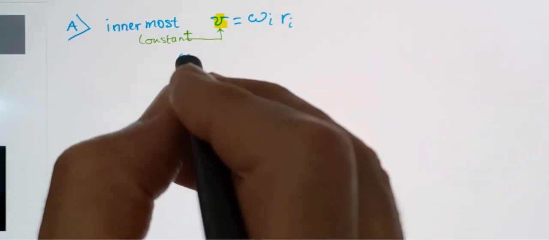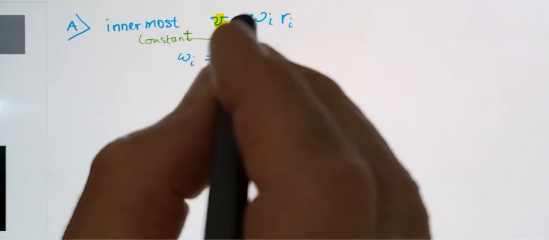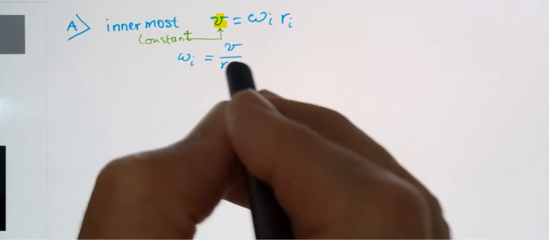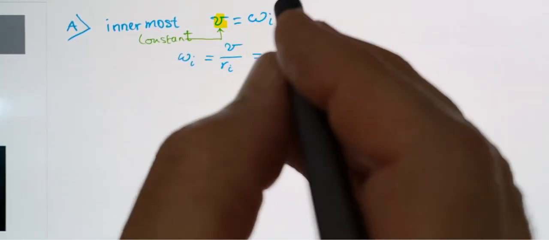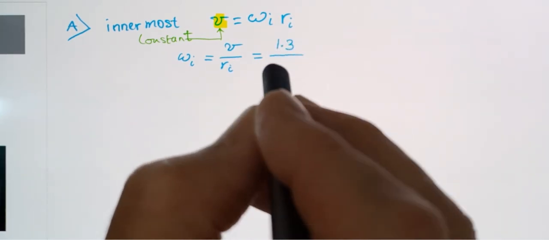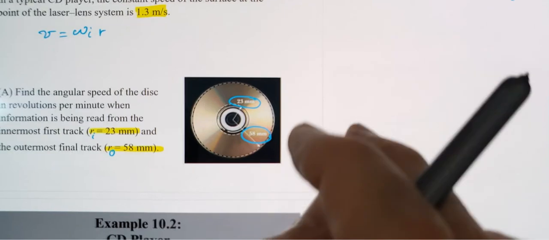So we just do very simple math. The linear speed is 1.3. The radius for the first one is what? 23 milli.